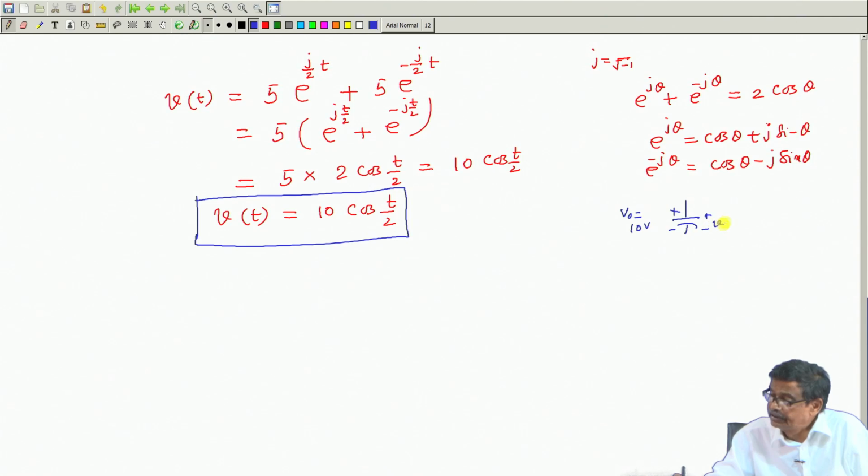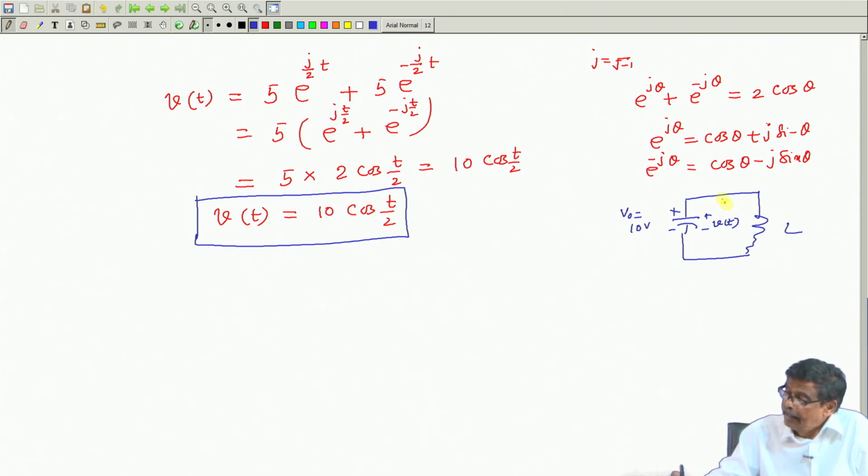At any time the voltage is V t, and this is L, and this is your I t. Now, in this circuit, at the end the voltage and current, whatever you solve for, should be real. Why should they be imaginary?